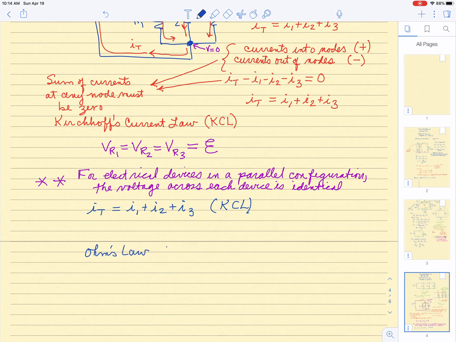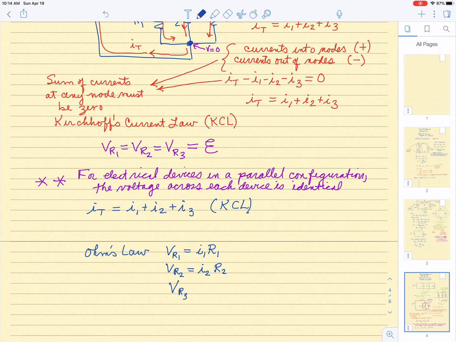Okay, so the voltage across R1 is going to be the current going through R1 times R1. Likewise, the voltage across R2 is going to be the current going through R2 times R2.